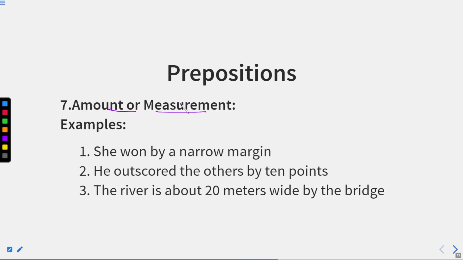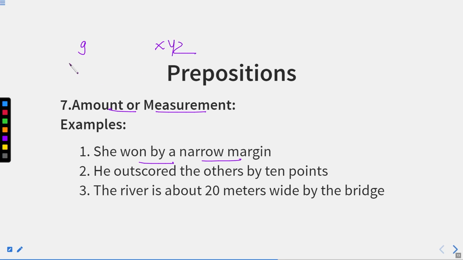Amount or measurement. She won by a narrow margin. Now you must have seen the scores in a cricket match, where a team defeated another team by 7 wickets, by 6 wickets. Suppose there is team India and any other team, let's say XYZ team.